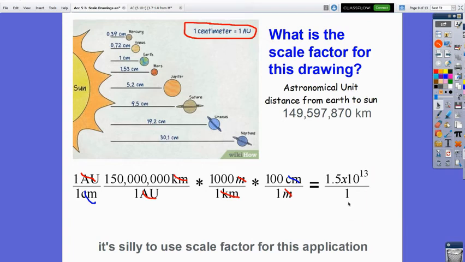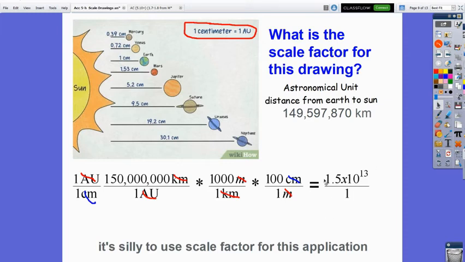No units in there. 1 inch on the drawing would be 1.5 times 10 to the 13th inches in real life. Okay. Not very useful to use a scale factor for things that are this big. But that's what the scale factor would be.